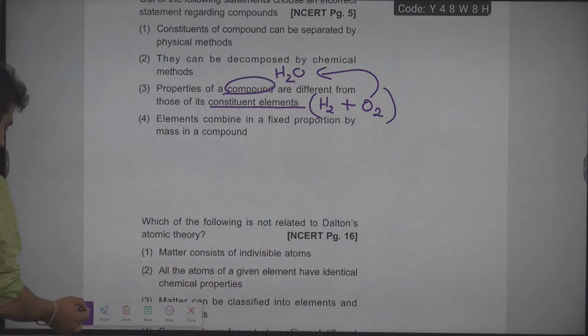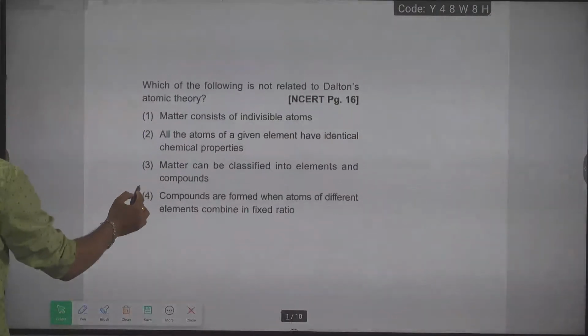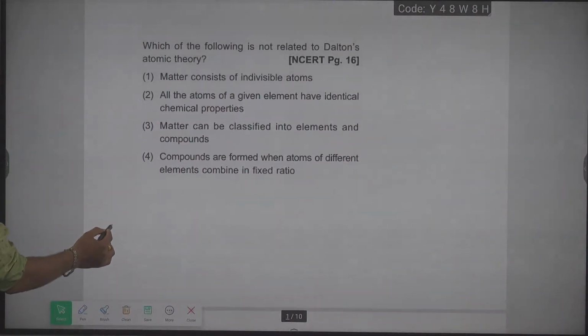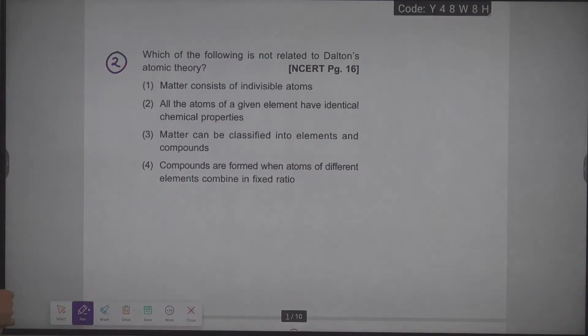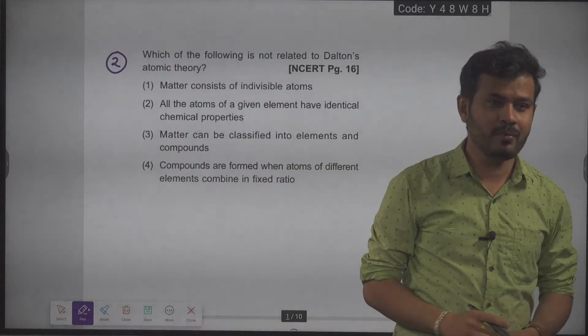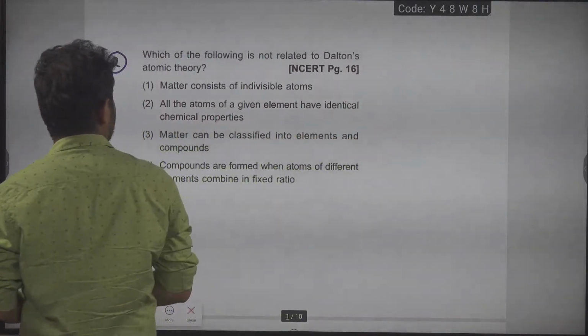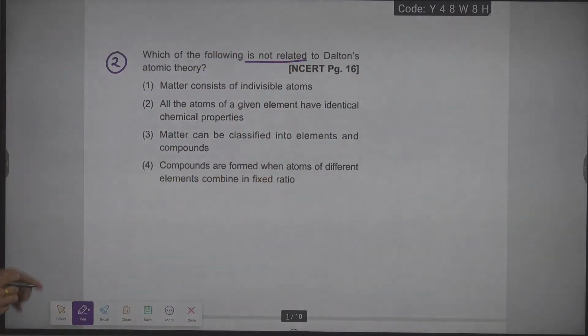Now, for the second question, carefully observe here. The second question is, which of the following is not related to Dalton's atomic theory? I discussed Dalton's atomic theory in yesterday's class, if you remember. So the question is, which is not related to Dalton's theory, which is wrong.